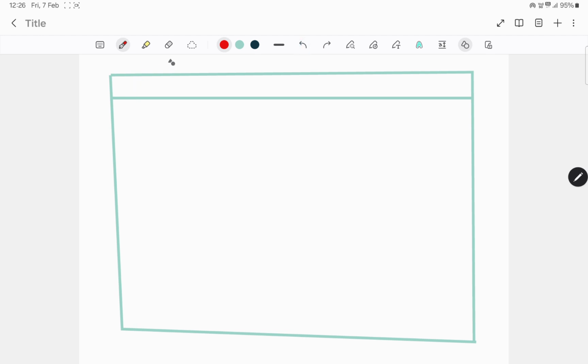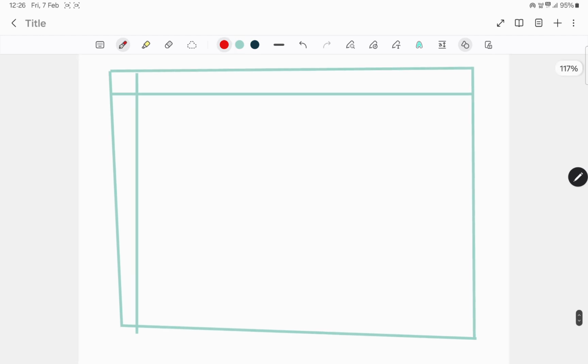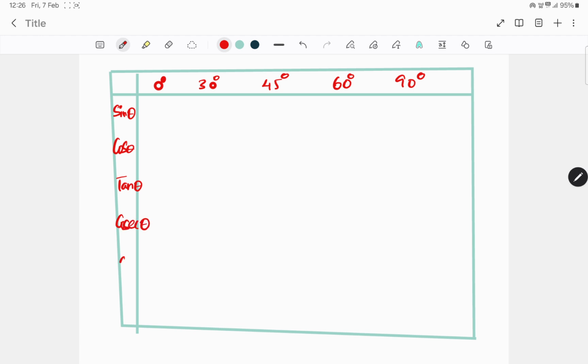Let me write the angles here: 0 degree, 30 degree, 45 degree, 60 degree, 90 degree. Let me write the trigonometric ratios here: sin theta, cos theta, tan theta, cosecant theta, secant theta, and last is cot theta, right?